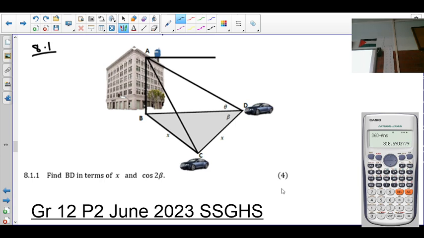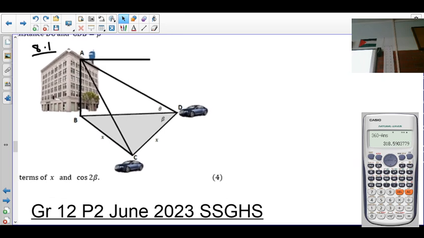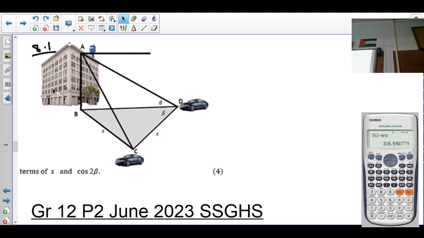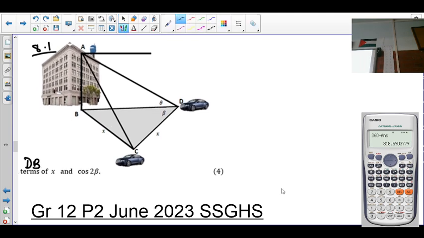Find BD in terms of x and cos 2 beta. So we're looking at BD.